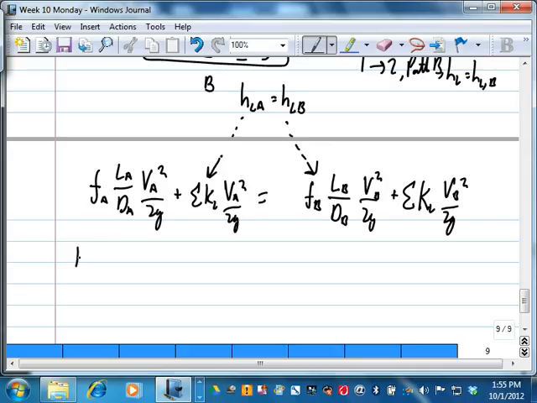So if f_A is high and K_LA is also high, you can expect V_A to be low. Okay or not? Alright? Or vice versa.